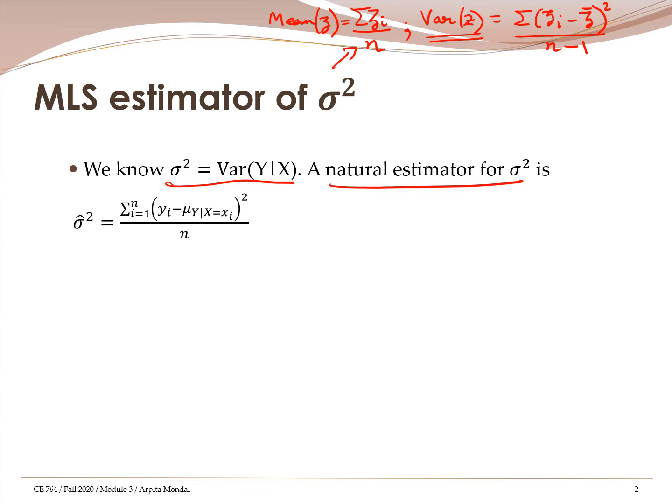Since we want our estimator to be unbiased, we use n minus 1 in the denominator. This n minus 1 comes from a concept in statistics called degrees of freedom. I leave it to you to read a little more about it, but I'll give you an intuitive interpretation.